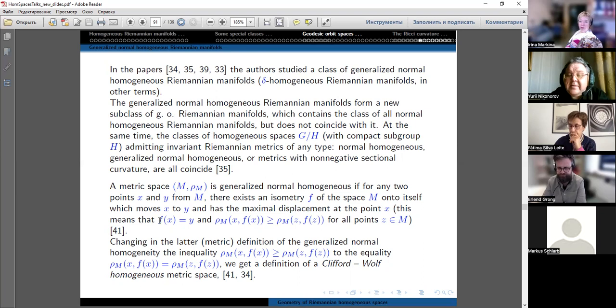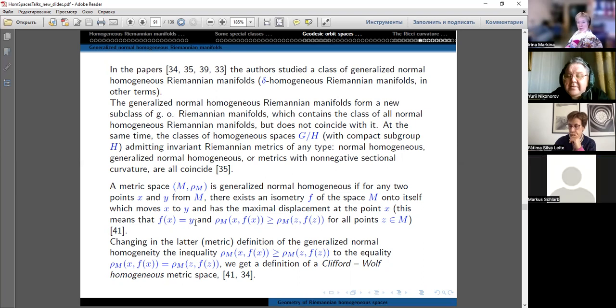This means that f of x is y, and the distance between x and f of x is greater than or equal to the distance between z and f of z for all points z. Therefore, we have maximal displacement at x.